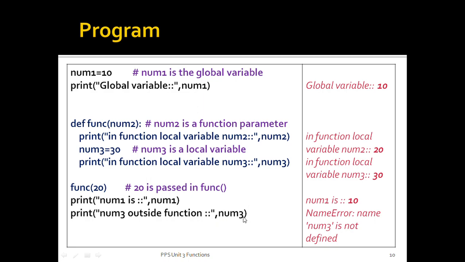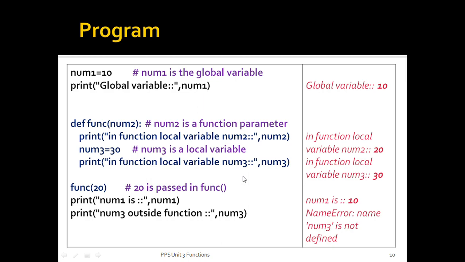We can guess num3 is a local variable we have defined inside a function. So we cannot access that variable outside a function. In that case, we will get an error, that is NameError. So right now you can get to know how the global and local variable execution takes place.